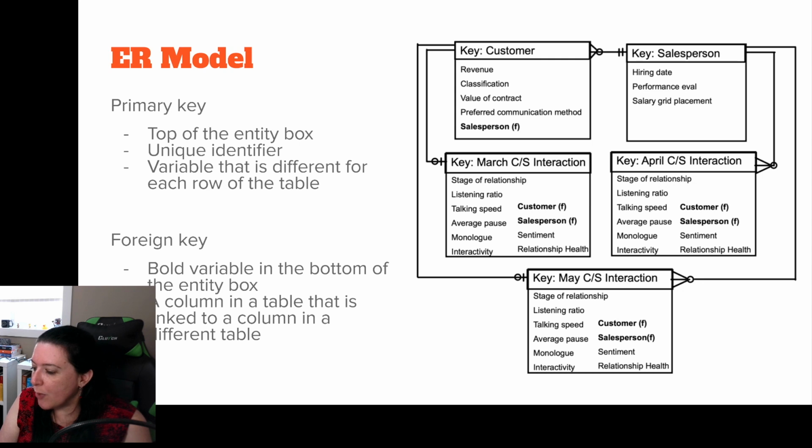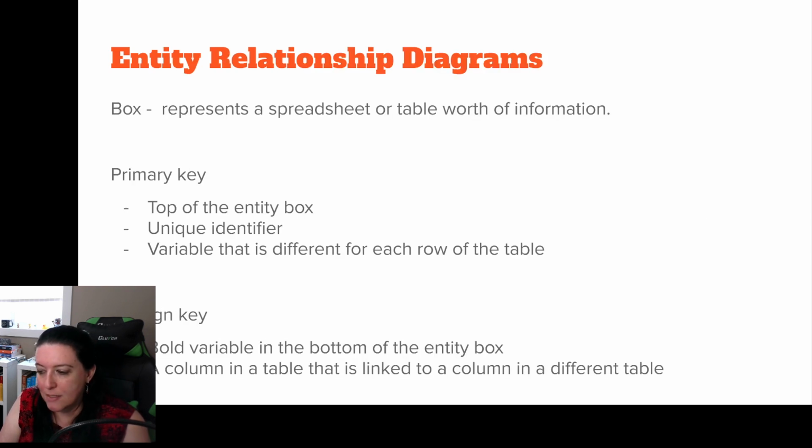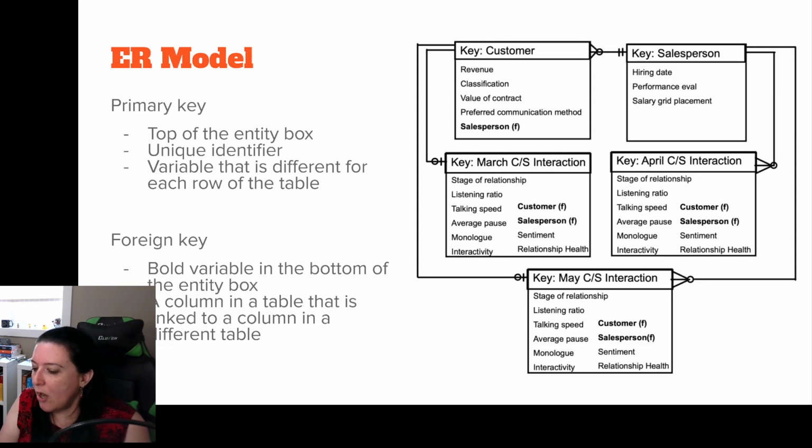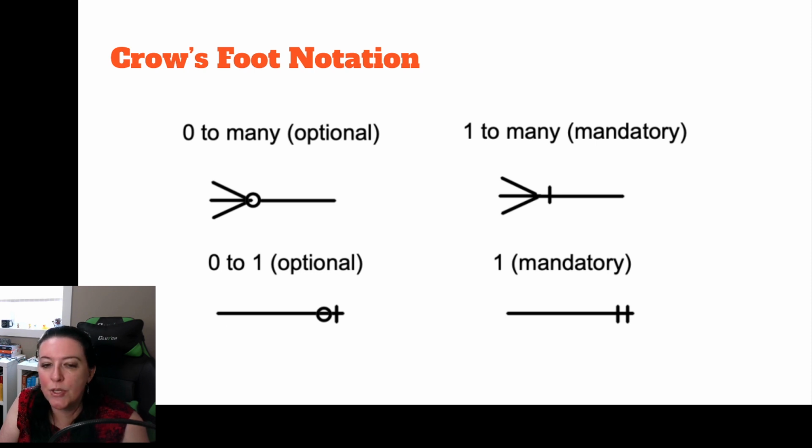Now what we're going to do is tie these different entities together. So we have our boxes that are each our tables. We have our primary key, the unique identifier in each table, and our foreign key that ties the tables to each other. The other thing we want to note on our tables is whether there is a one-to-one relationship, a one-to-many, a zero-to-many, or a zero-to-one. So we're going to use what is called crow's foot notation.